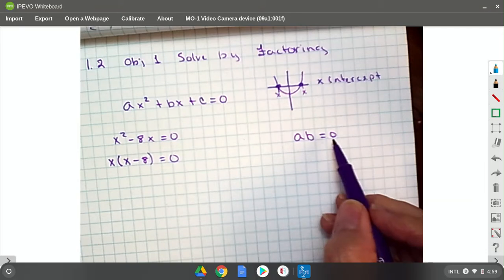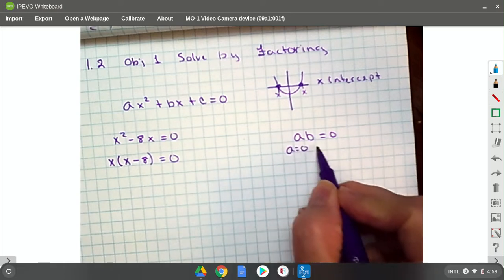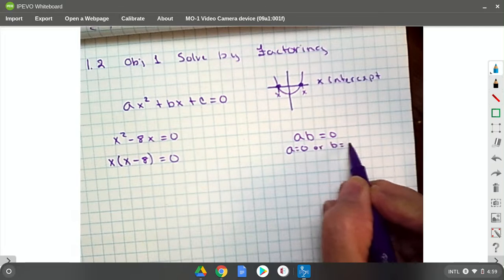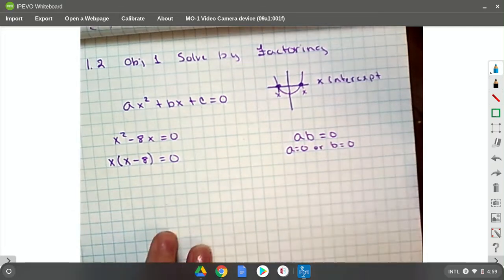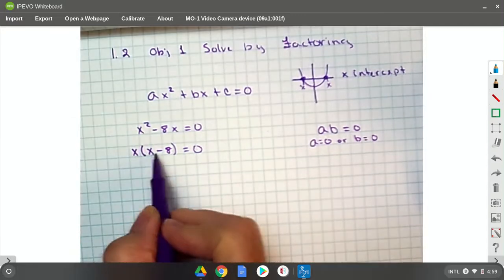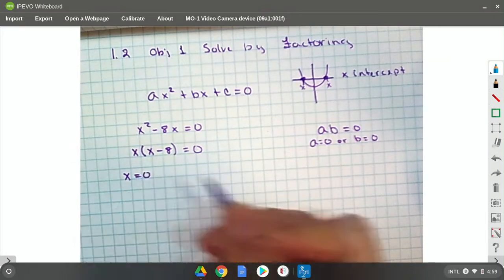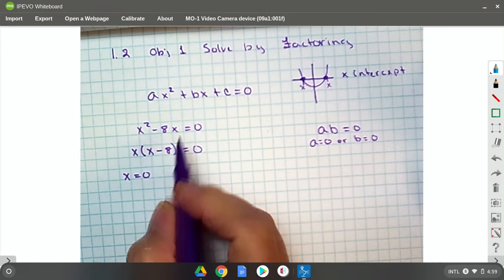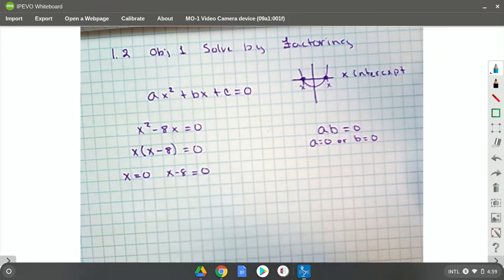There's only one way that you end up with that 0 out there, is if A equals 0 or B equals 0, right? Somebody's got to be a 0. Well, that's the same reason, that's our rationale for why we're going to do our next step. We have to set both x equals 0 or x minus 8 equals 0.